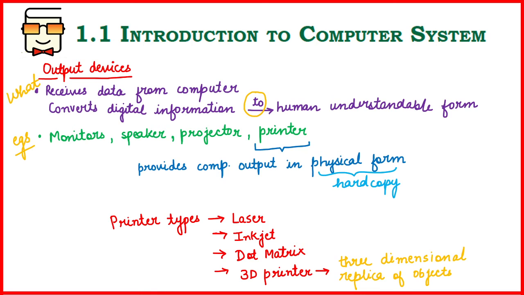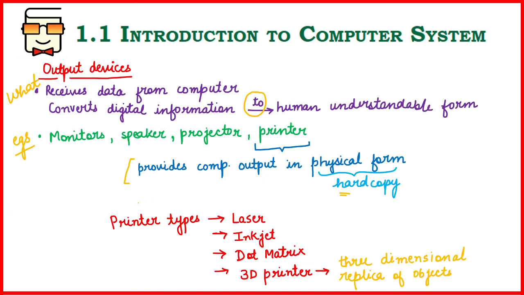Like, first point would be what is an output device. Second point would be giving the example of an output device. Now, when you give an example of a printer, you can give details of what is a printer. Any device that brings output in the physical form, and that physical form is known as a hard copy. Okay, then you can explain what are the types of printer.